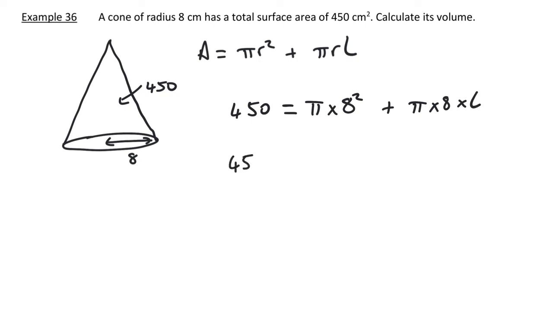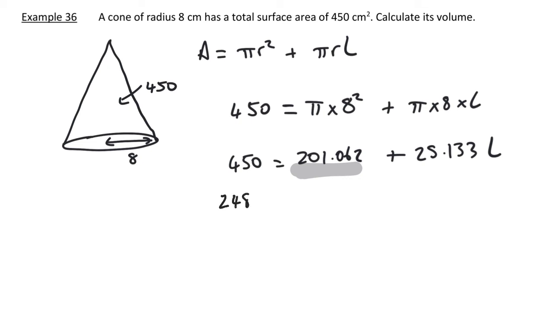So 450 equals 201.062 plus 25.133L. So if we move the 201 to the other side, we'll get 248.938 equals 25.133L.